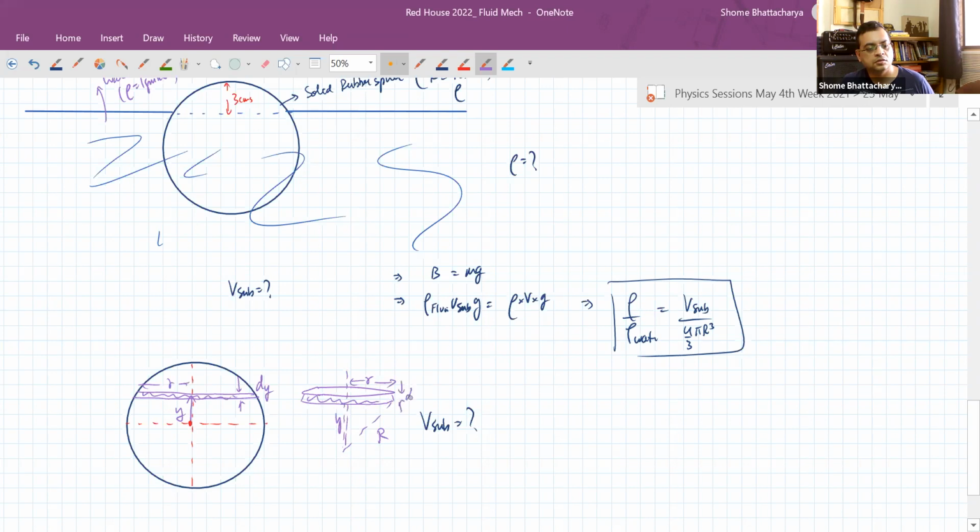This thickness is dy. So this disc has a volume of pi r square dy. Okay. And of course, from this diagram, you can see that the relationship between small r, capital R, and y is that they form a right angle triangle. Okay. So you can see that r is square root of this. Okay.